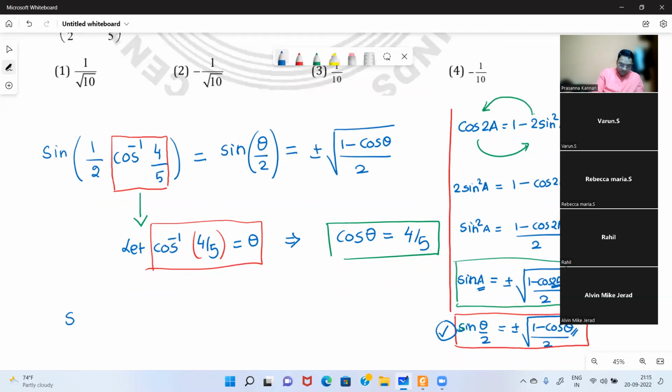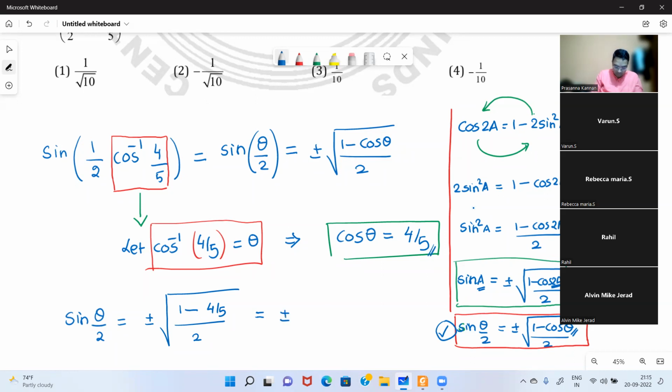So sine theta by 2 is equal to plus or minus root of 1 minus cos theta by 2. What are you getting here? Cos theta is 4 by 5. You can substitute that. So 5 minus 4, that is 1, 1 divided by 5, and divided by 2 gives 1 by 10.